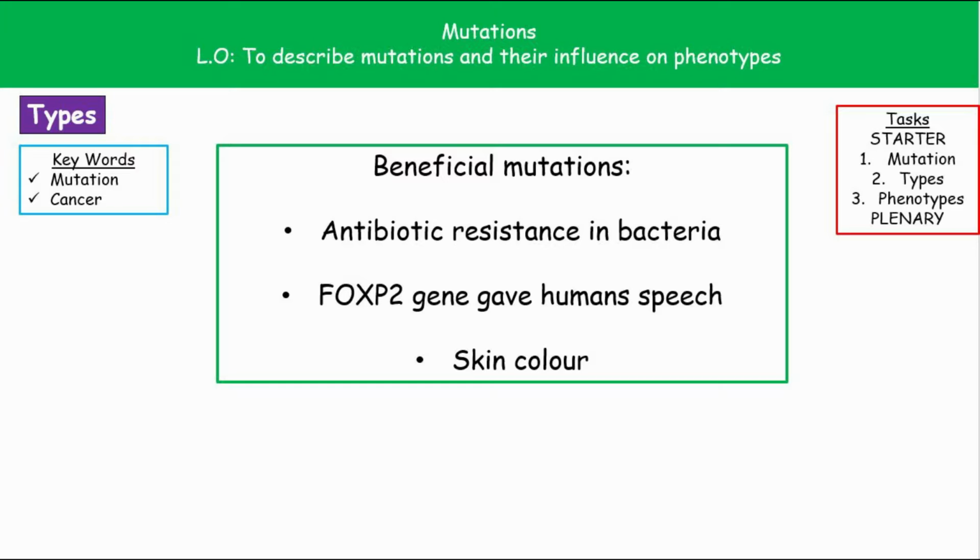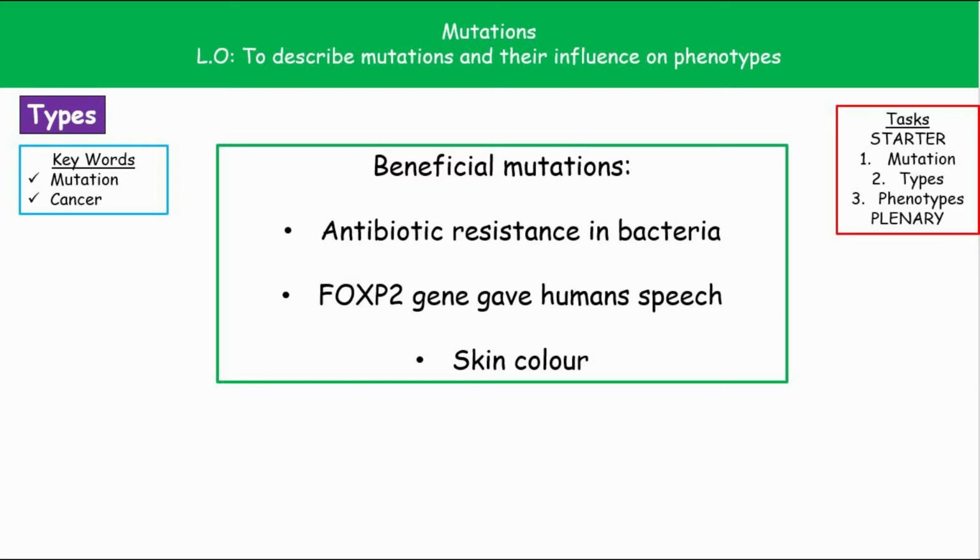And the third one on there is the skin colour mutation. Hopefully we know that if we track back our human history, then we originate from a small number of breeding pairs that originated on the continent of Africa. If you are in Africa, it's actually beneficial to have much darker skin because that protects you from absorbing too much ultraviolet from the sun and therefore reduces your risk of skin cancer.